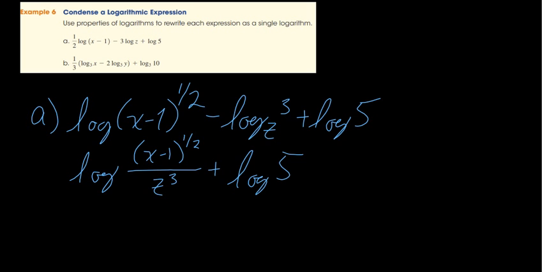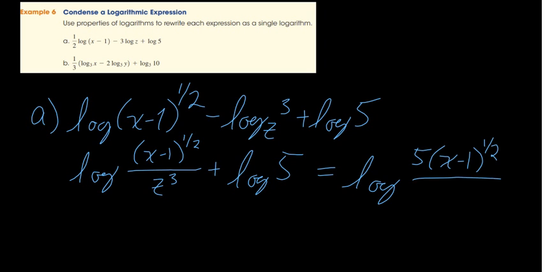Hopefully that makes a little more sense now. Now we have the addition sign here, so we can multiply my two arguments together. That's easy. I'm just going to put the 5 in the numerator. So that's just going to be the log of 5 times (x minus 1) to the 1/2 power over z cubed.